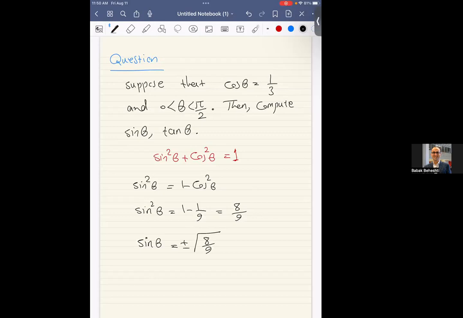Then sine theta equals square root of 8 over 9. So tangent of theta is equal to sine theta divided by cos theta.